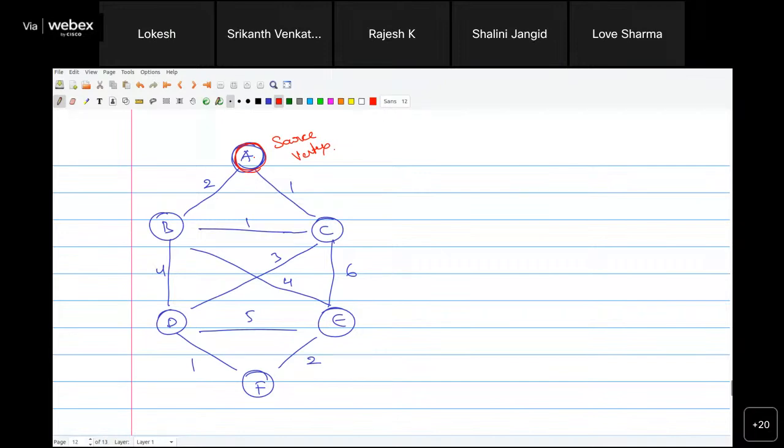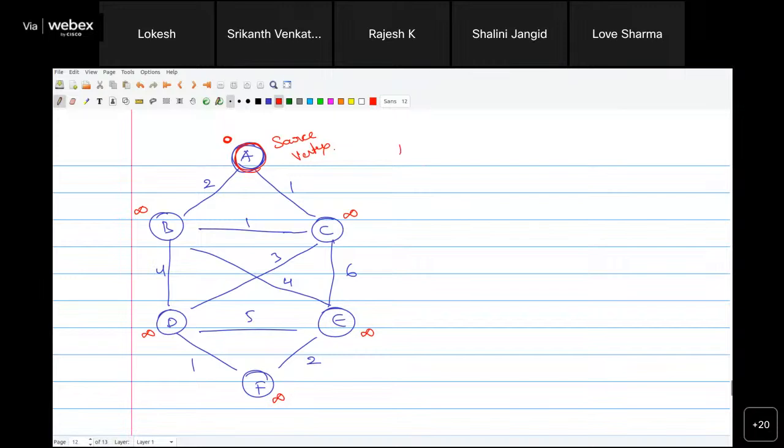We are going to initialize some numbers to every vertex. I will initialize 0 to vertex A because that is the starting source vertex, and infinity to every other vertex: infinity, infinity, infinity, infinity and infinity. So this is the initialization.